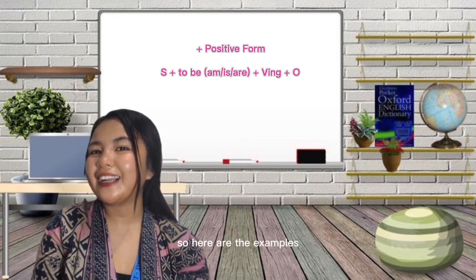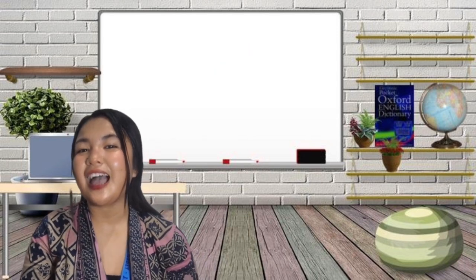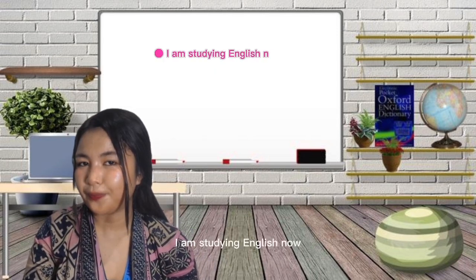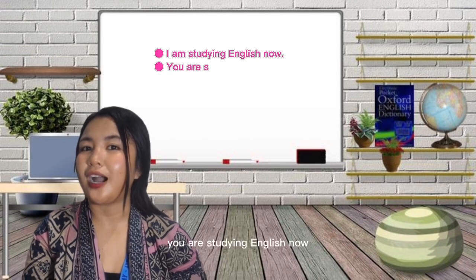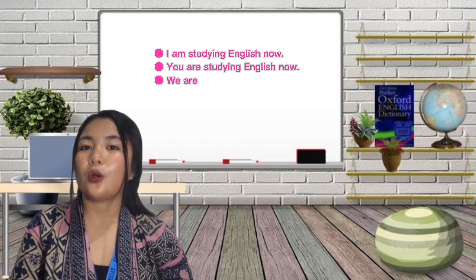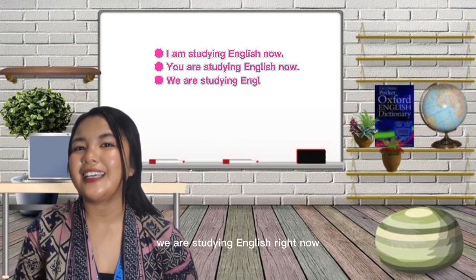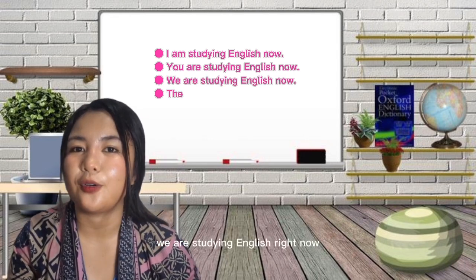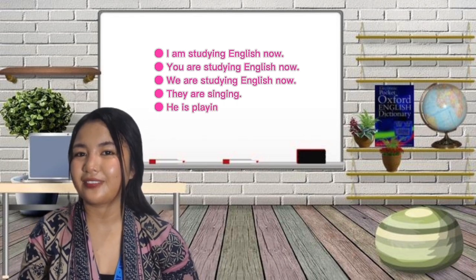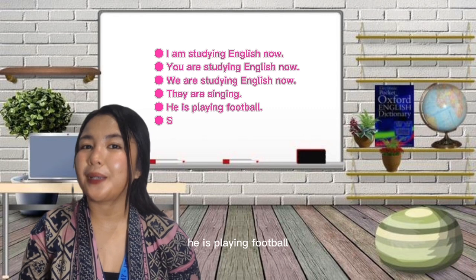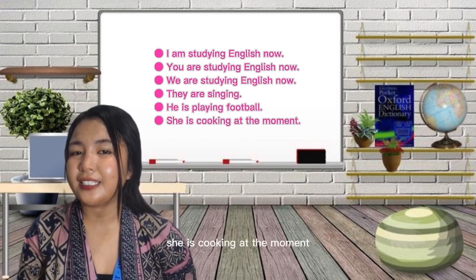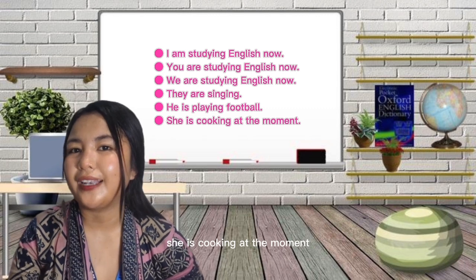So here are the examples. I am studying English now. You are studying English now. We are studying English right now. They are singing. He is playing football. She is cooking at the moment.